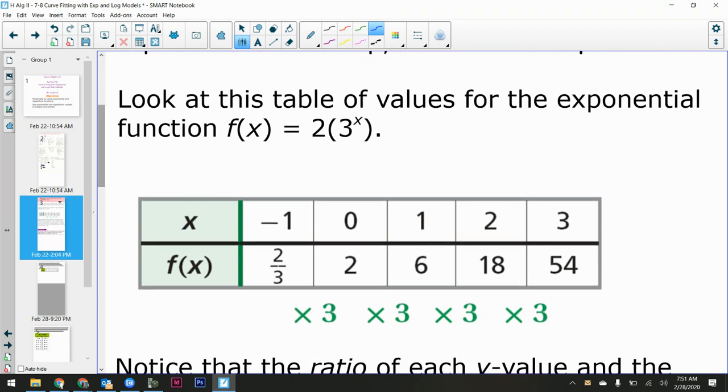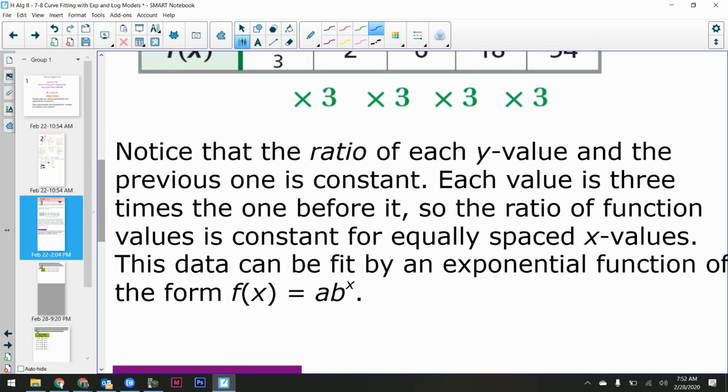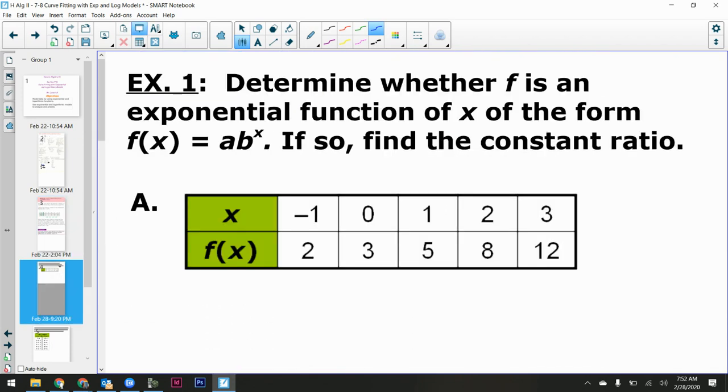Thinking back to linear functions and even quadratic and cubic, we were looking at differences. Our first differences being constant meant it was linear. Our second differences being constant meant it was quadratic, and cubic and quartic, and so on. Now I'm looking at a constant ratio. Can I find a constant ratio? How do I find what I multiply by each time?